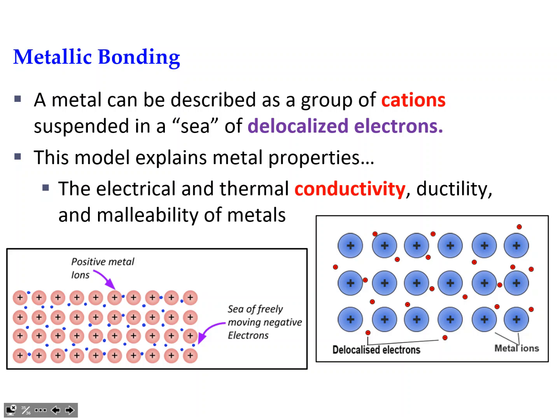With the electrons being delocalized, they can be attracted and moved and have free flow. That's what gives metals those extra properties, conducting electricity and heat. The malleability, you can pound it, and you can form it into wires, that's ductility. Because those electrons aren't fixed in any particular position, that allows metals to have these properties. That's a very important thing.